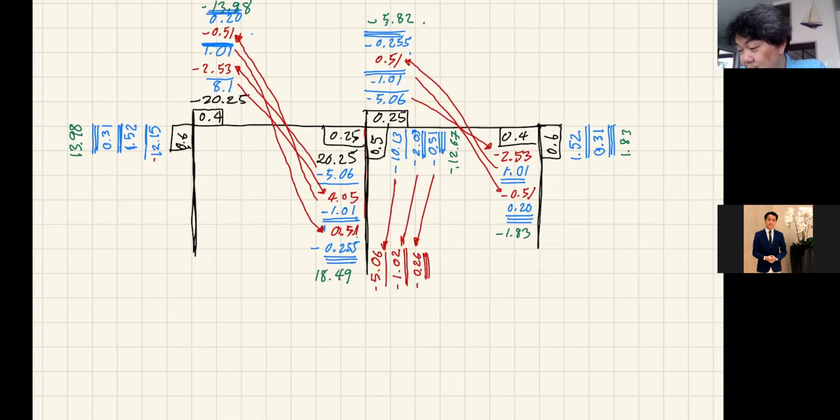So you can say it's the first one, the category A. That doesn't look like an A. Let me try again. A. This is the moment due to the load. Side sway not included.